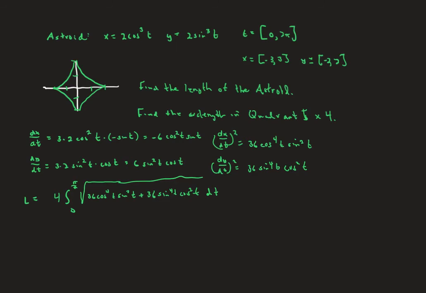Now when you look at the inside of that radical, you can see there's all kinds of things that we can factor out. And so what we're going to do, still inside the radical, so we have 4 integral 0 to pi over 2, we have a common factor of 36 and a cosine squared and a sine squared. So that's 36 cosine squared t sine squared t.